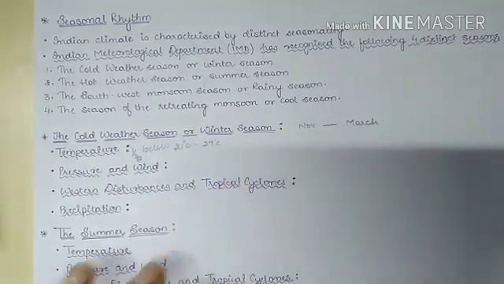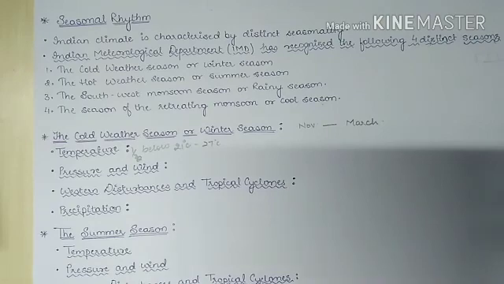January is the coldest month, when the temperature of the Ganga plain varies from 12.5 to 17.5 degrees Celsius. The mean minimum temperature is about 5 degrees Celsius over northwestern India. In Rajasthan, in a few desert areas, the temperature sometimes falls to 0 degrees Celsius.